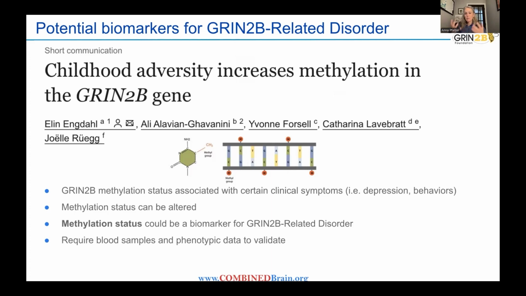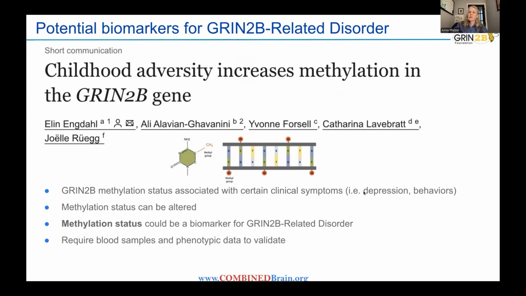And parents who have children with GRIN2B-related disorder know that the level of expression and abundance of particular genes are associated with various clinical symptoms observed in their family member. So methylation status is associated with certain clinical symptoms.